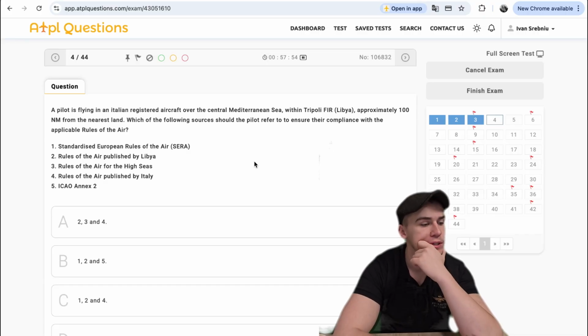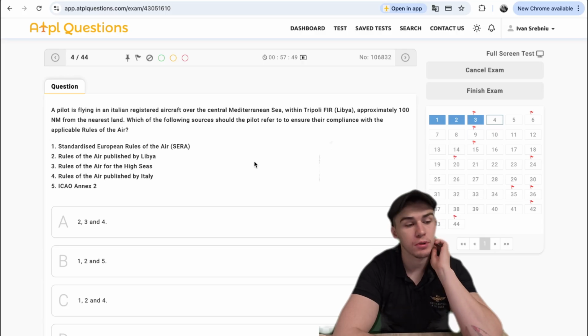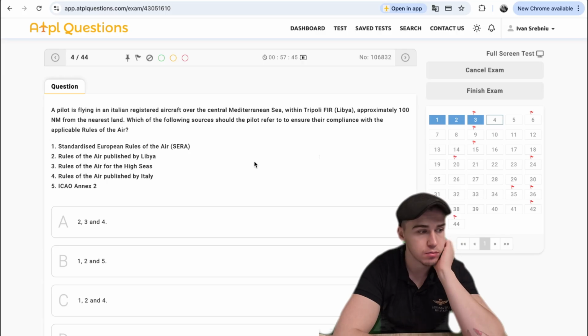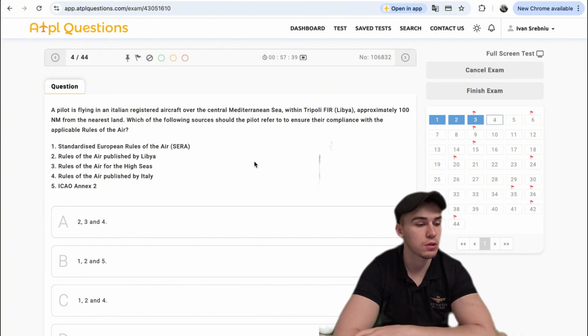A pilot is flying an Italian registered aircraft over the central Mediterranean Sea within Tripoli FIR Libya, approximately 100 nautical miles from the nearest land. Which of the following sources should the pilot refer to ensure compliance with the applicable rules of the air?